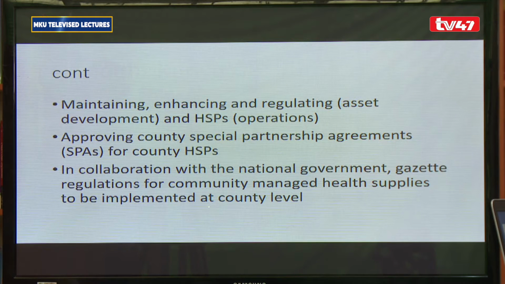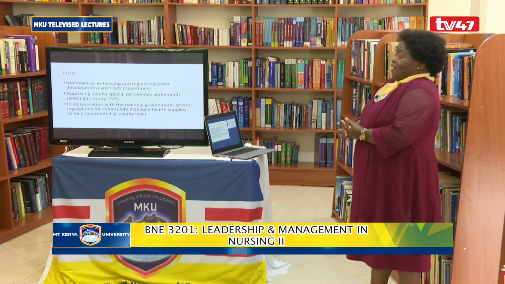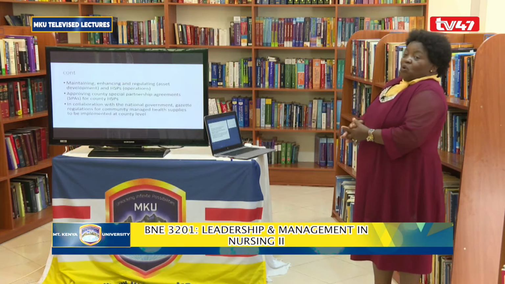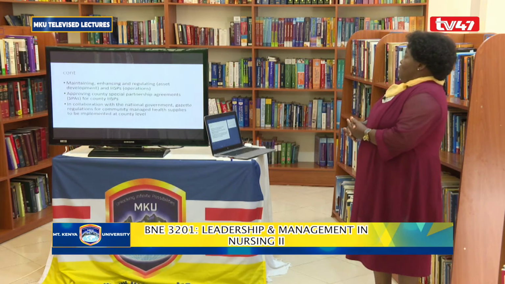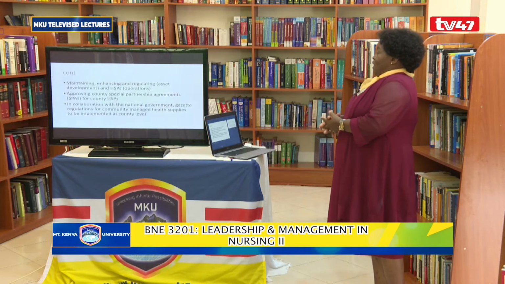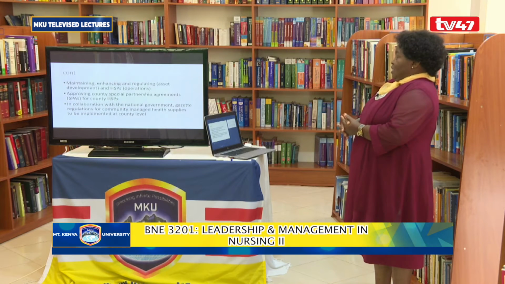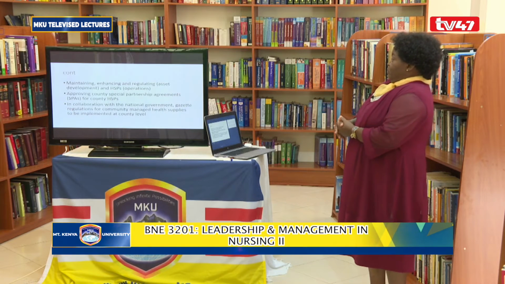So the county government at that level is given autonomy, unlike in the past, when all the decisions were being made at the government's head office in Nairobi. Now our county governments are able to source funds from outside with their partners to support provision of health services in their counties.